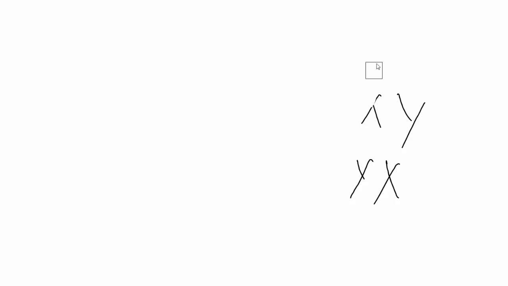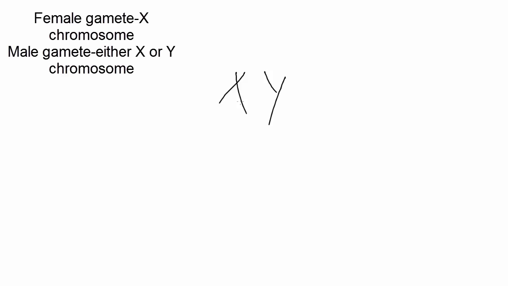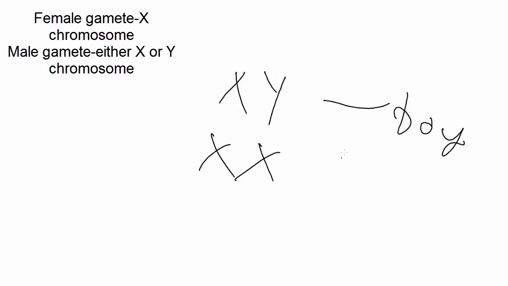Now we all know that boys have X and Y chromosomes, and girls have a perfect pair, that's X and X chromosome. Now we actually get the X chromosome from our mother, and basically our gender is determined by our father. If we are given a Y chromosome, we'll be basically boys. And if we are given an X chromosome, we'll be girls.